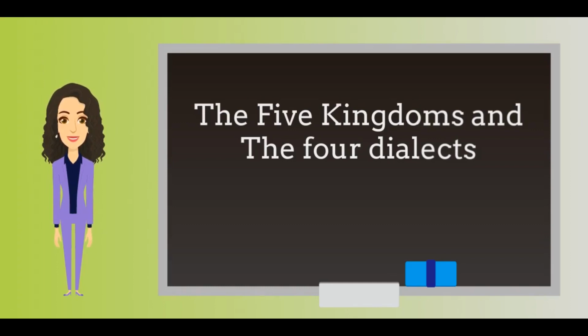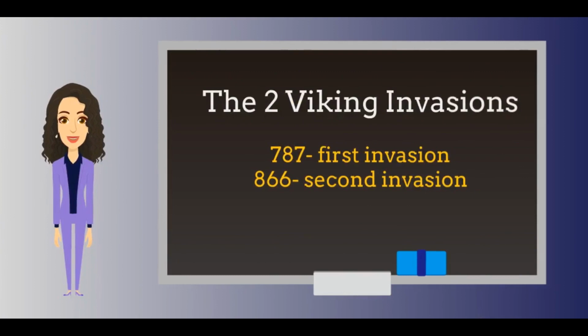Thus, we find King Alfred, the King of Wessex from 871 to 899, who united the rest of the kingdoms under his supremacy and also led the British army against the Viking invasions, the violent and ruthless invaders. There were 2 Viking invasions during Anglo-Saxon rule. 787: first invasion. 866: second invasion.